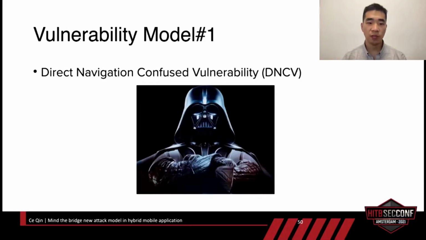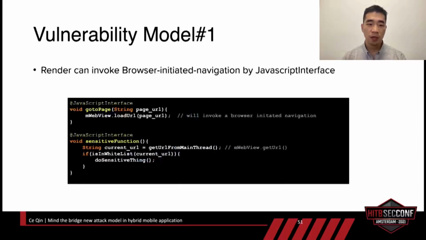We have found 3 vulnerability models in the real world. First one, direct navigation confused vulnerability. If an application exposes WebView.loadUrl through a JavaScript interface directly, evil JavaScript code could use this interface to invoke a browser-initiated navigation from the render model.